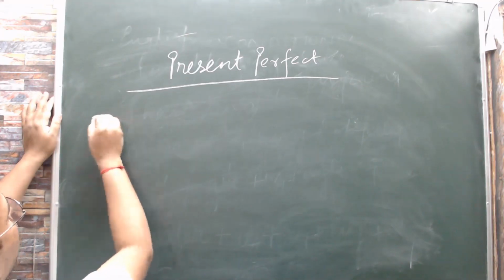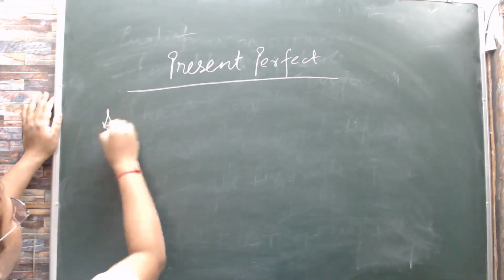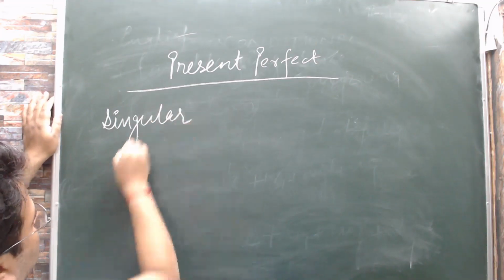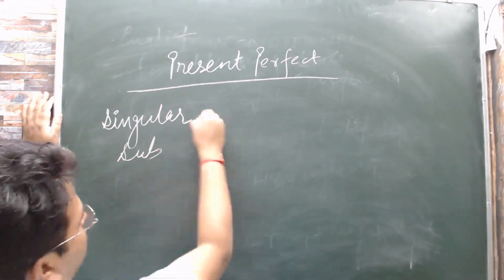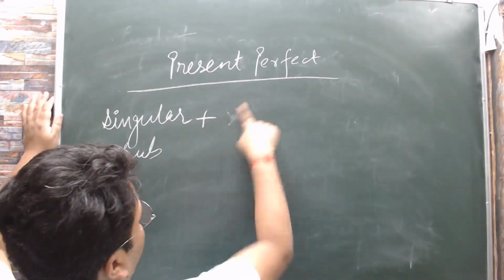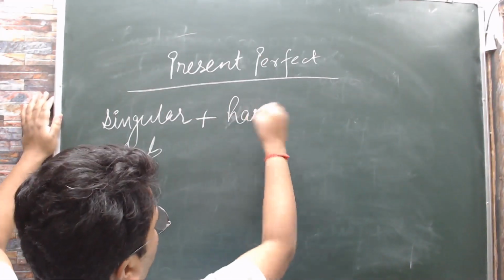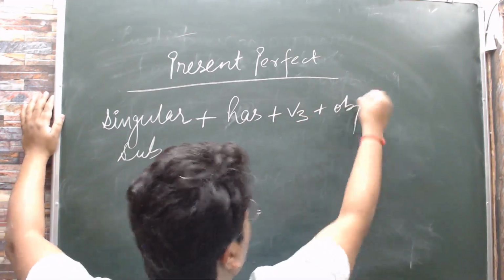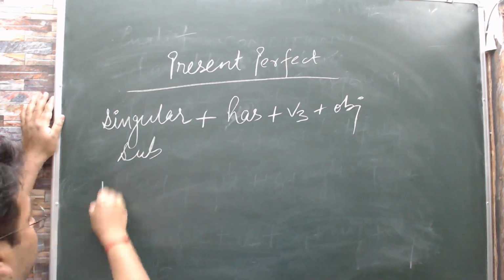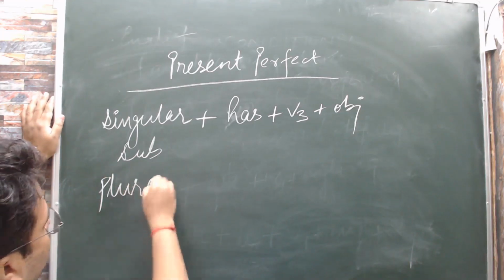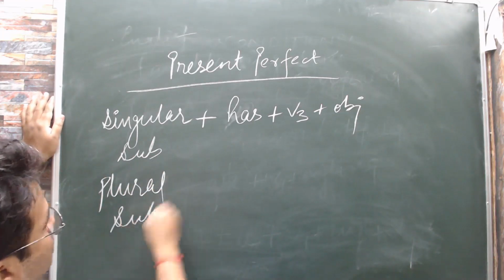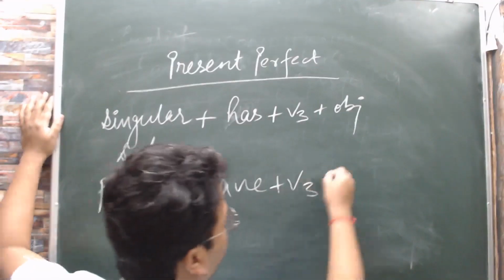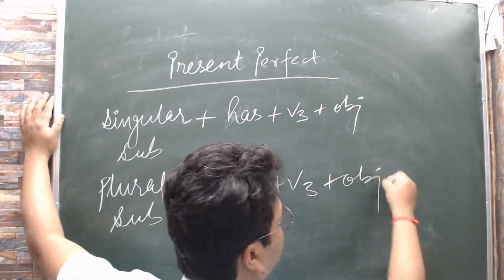So in present perfect, if we have a singular subject, we always use has as a helping verb and verb third form plus object. And if you have a plural subject, you will always use have with them plus verb third form plus object.